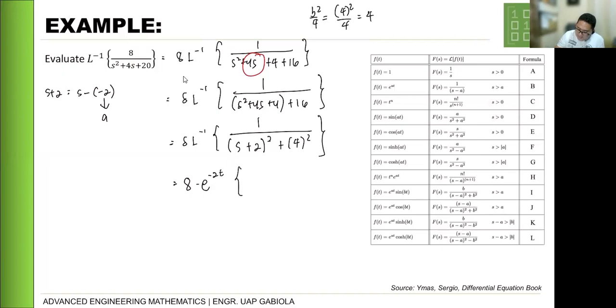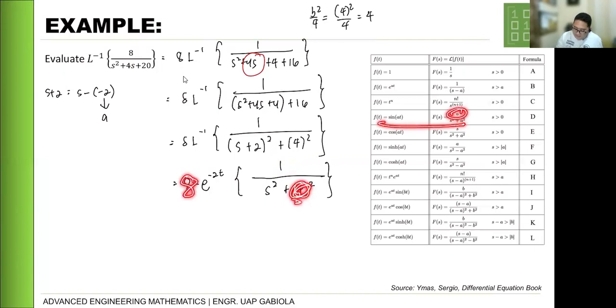And then mangyayari dito will be 1 over s squared plus 4 squared na. Okay? So, ibig sabihin na wala na siya dun sa loob. Okay? So, ito na siya. Na-transform na siya dito. And then dito, kailangan natin ng 4, para dito sa numerator, kasi dapat yung value ng a, di ba? Para ma-satisfy si sine, kailangan yung value ng a. So we need a 4.